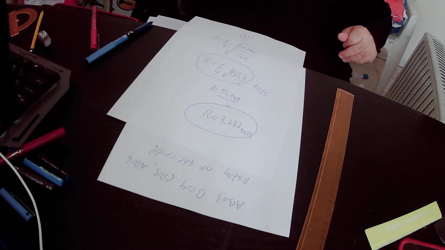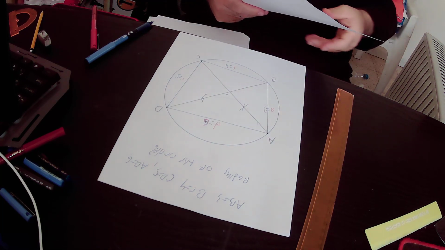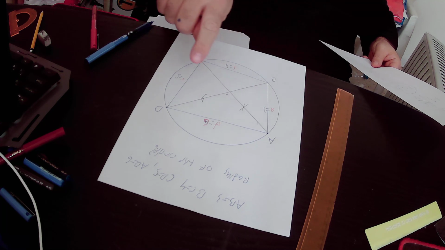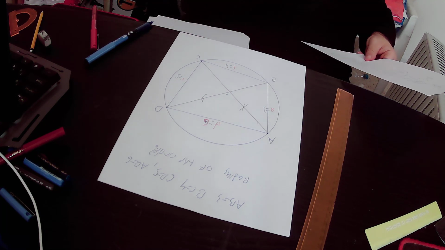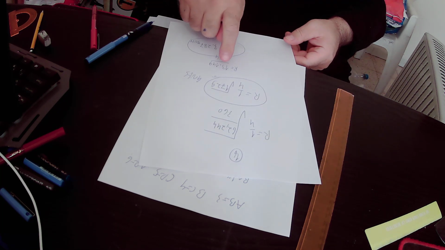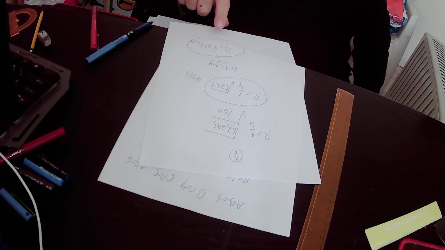Okay, that is the answer to the question. So quadrilateral ABCD is described by this circle, and the radius of this circle equals either the root of 172.9 over 4 units, or in terms of numbers, 3.287 units. Okay, thank you very much.